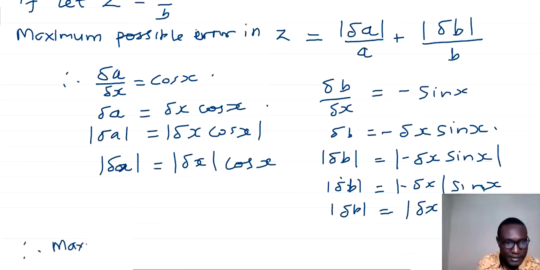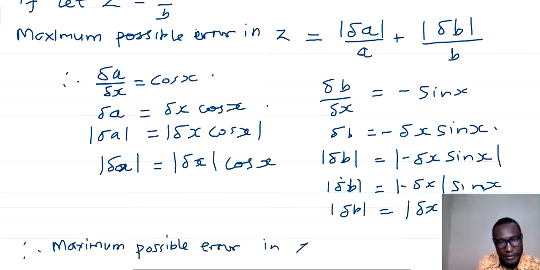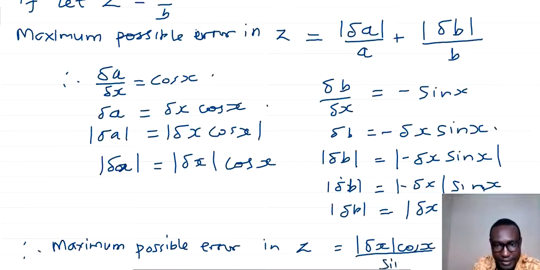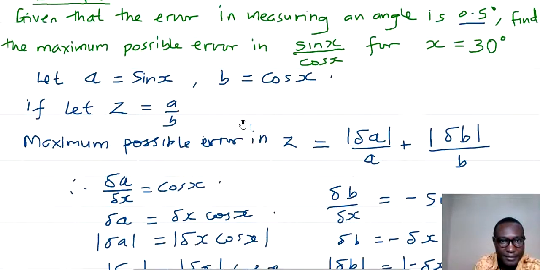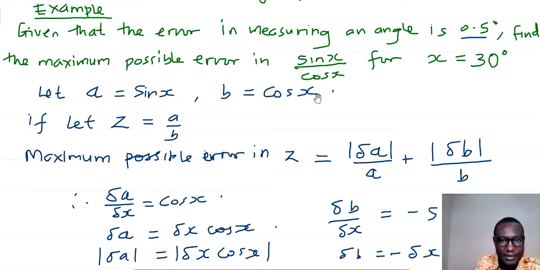Therefore, the maximum error in z, which is a over b, where a is equal to sin x and b is equal to cos x, is now equal to magnitude. The error in a is here: magnitude delta x cos x divided by a, but a is sin x.